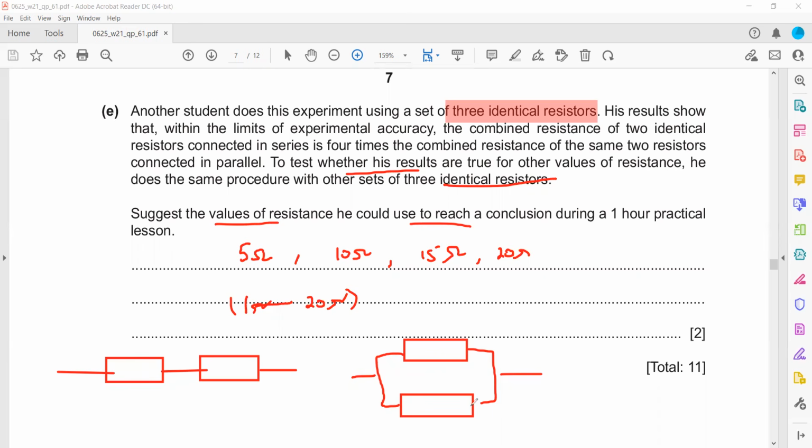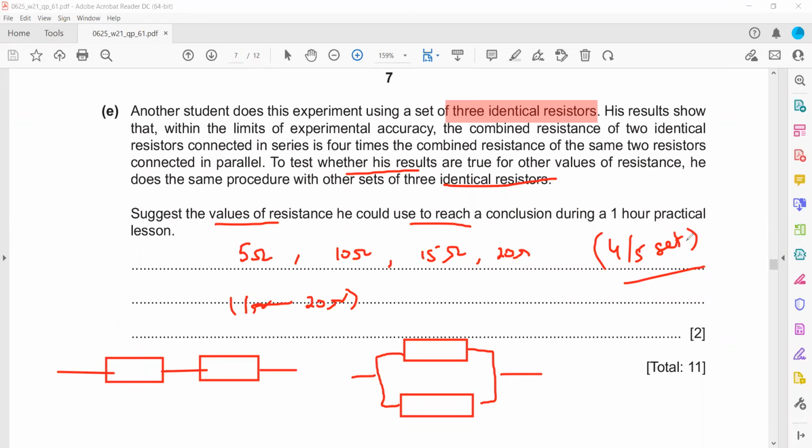So you just have to answer here with a suggested value for the resistance he could use. He can use maybe 5 ohm, maybe 2 ohm, maybe 3 ohm, maybe 10 ohm, any values. And whenever we do an experiment, we should have more sets of results. When you have 4 to 5 sets, that will be a more precise, accurate experiment.